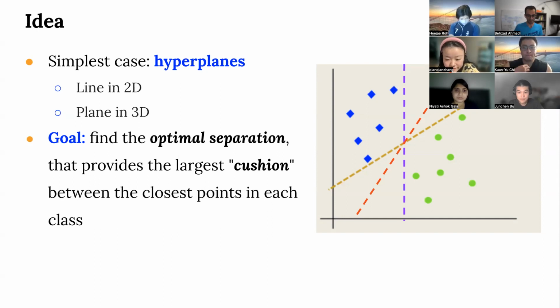Let me emphasize this point: the question of which line is better is obviously the wrong question. You have to say what is the criteria for which you have a line, right? Now the second question is the one Niyati asked: what do you mean by the cushion? Which I will try to explain in the next 2 or 3 slides.